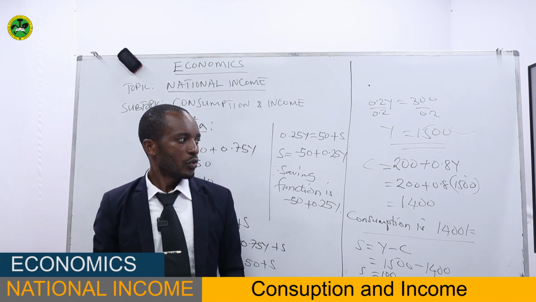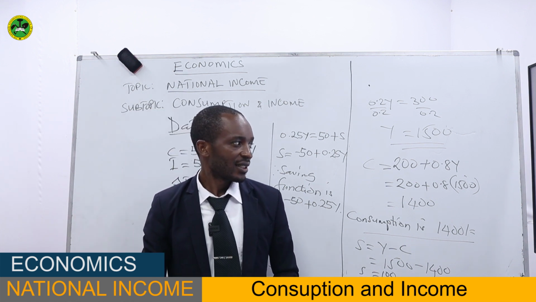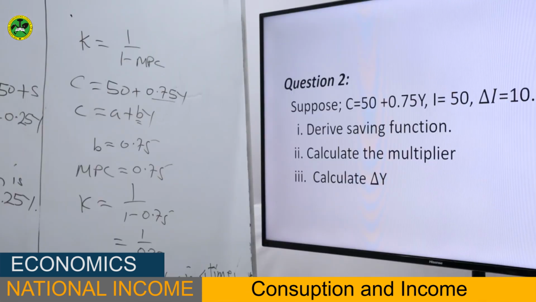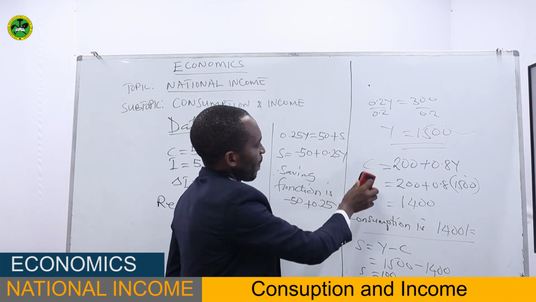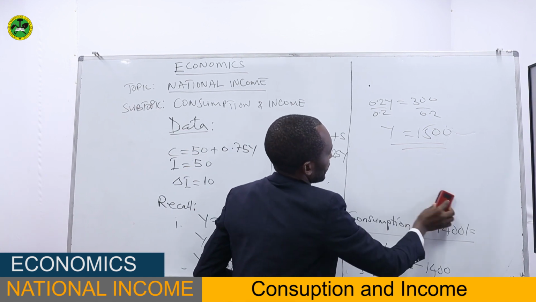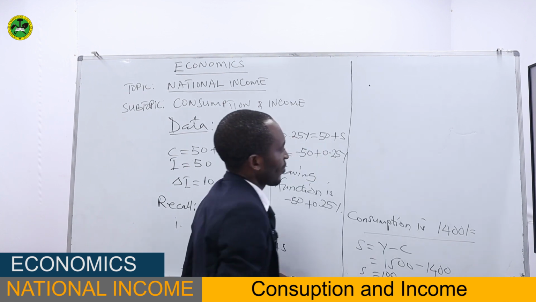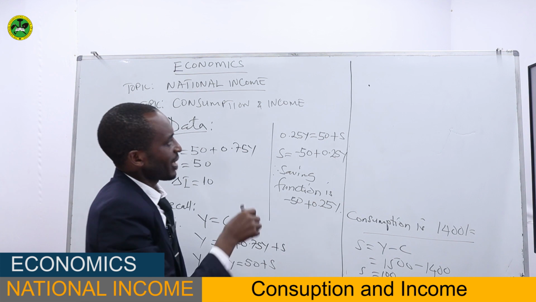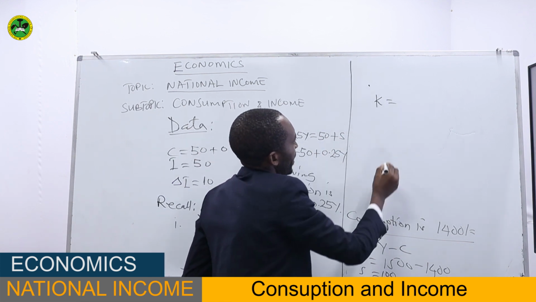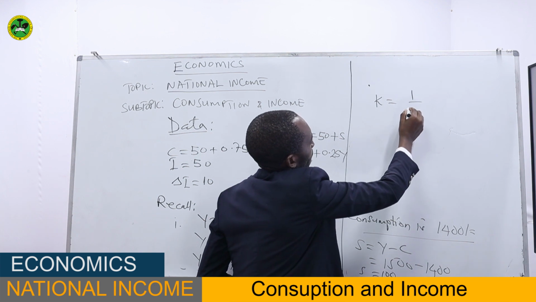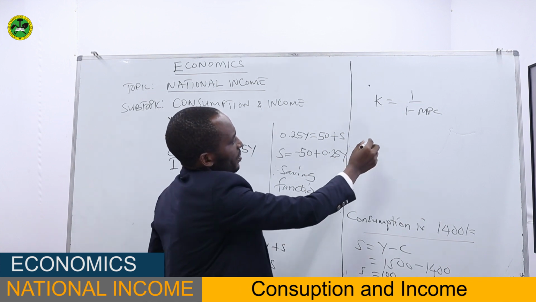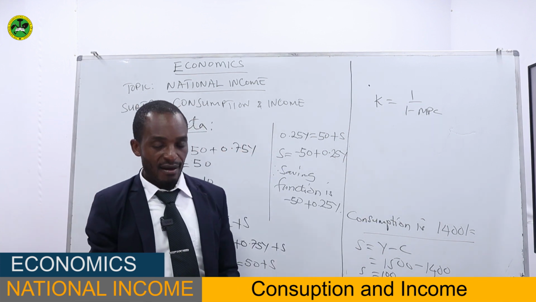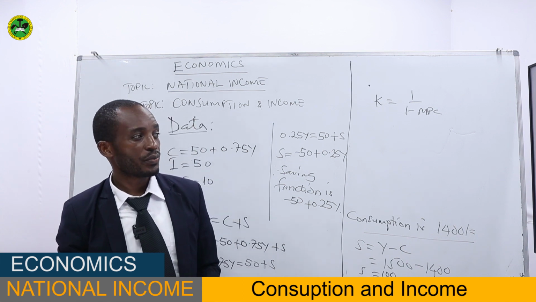And in Roman 2, we are asked to calculate the multiplier. We know from our derivation that the multiplier, which is k, equals 1 over 1 minus MPC, where MPC is the marginal propensity to consume.